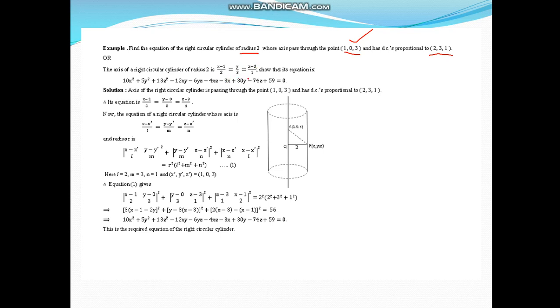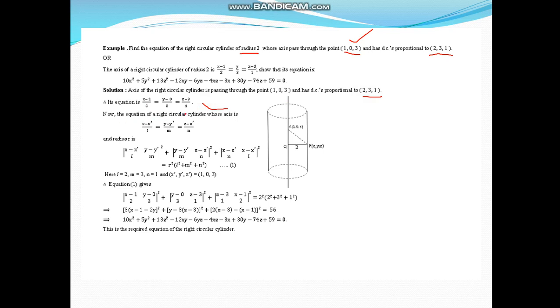Actually they are the direction ratios, that is 2, 3 and 1, so its equation is this. So the axis of the right circular cylinder is passing through the point (1, 0, 3) and the DCs are proportional to this. We have found the equation of the line.